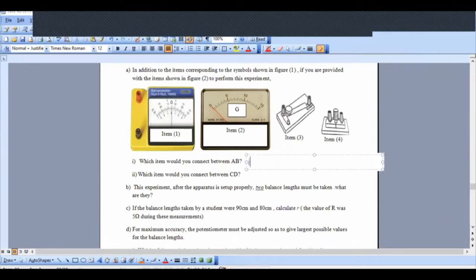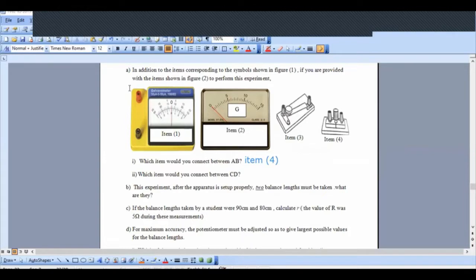That's how you want to give the answer. Item, not 3, item 4. The fourth item should be used in between A and B. Right in here, this is the answer for simple A Roman number 1.